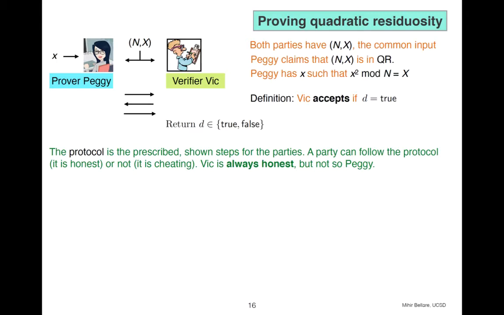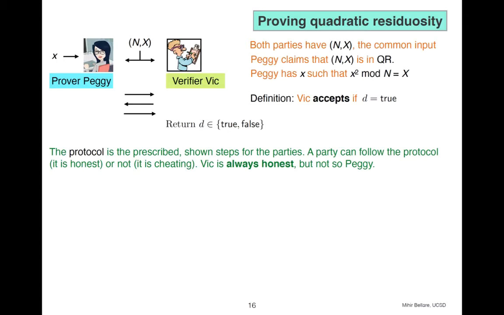So as we discuss this, it's maybe worth clarifying what we mean by a protocol. So a protocol is the steps that we as designers ask the parties to execute. It's just an algorithm. Like when we had cryptographic schemes, we had algorithms for, let's say, encrypting a message and decrypting it.